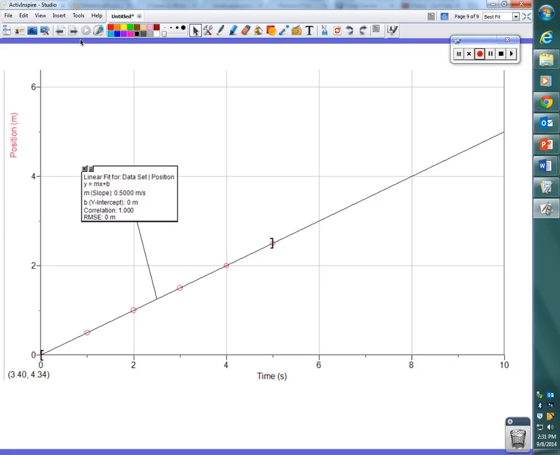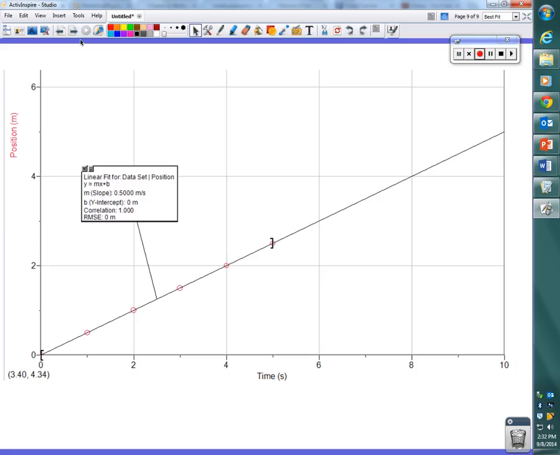Another thing that the visualization helps with is that in the first data table that I showed you, there were only 6 measured data points. 6 times, 6 positions. But there were a lot of other positions and a lot of other times that this object was at.